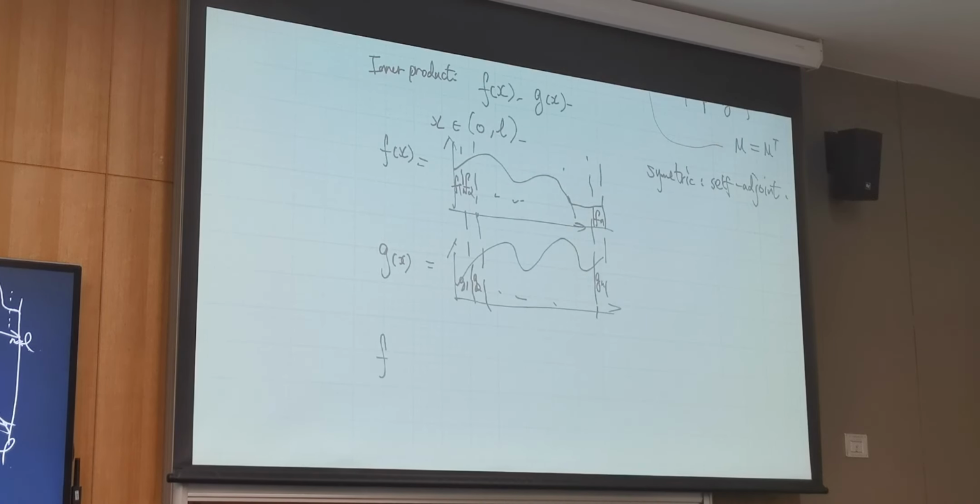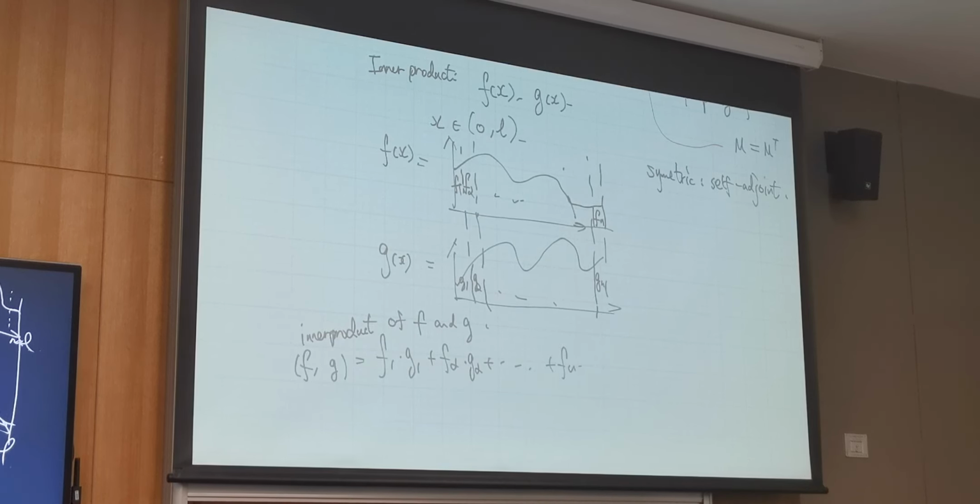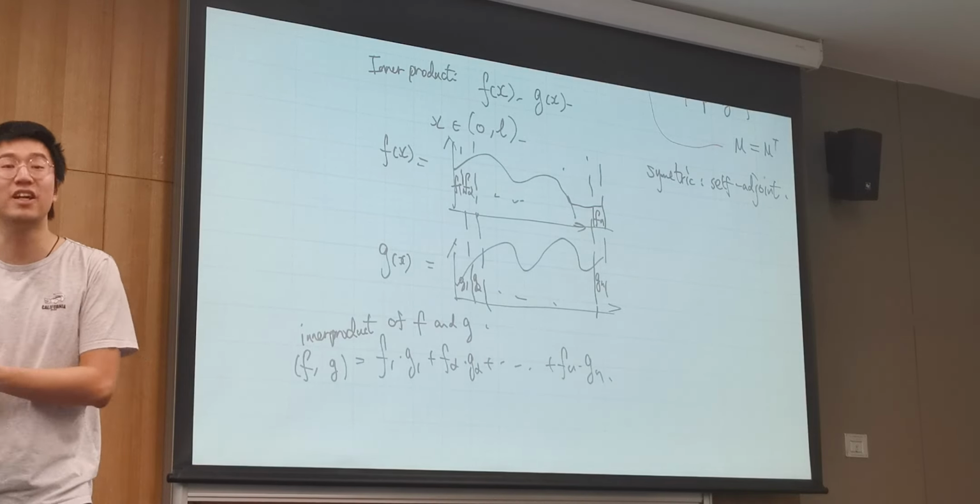So the inner product of f and g can be represented, with round brackets (f, g), as f1 multiplied by g1, plus f2 multiplied by g2, plus and so on, until fn multiplied by gn. Sounds good? But again, this depends on how I cut it up.